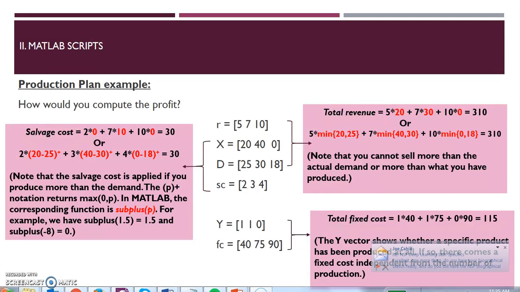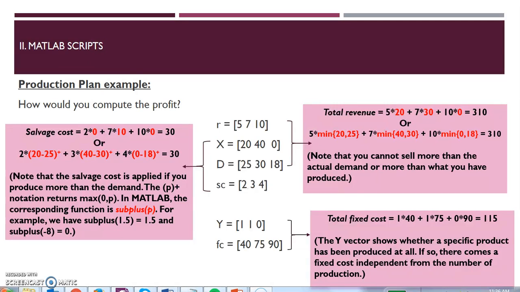You could also use x to compute this cost. It would be a little bit more challenging, because in computing the total fixed cost, the number of production does not matter at all. All that matters is whether a product has been produced at all or not. That's why y is more useful for this purpose.